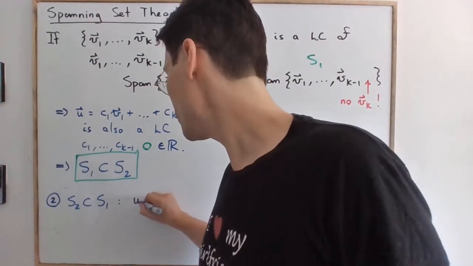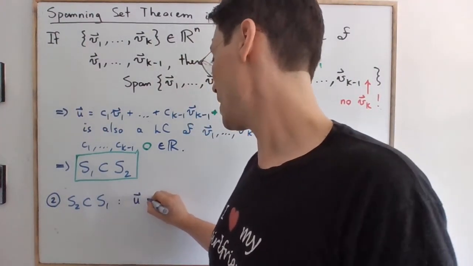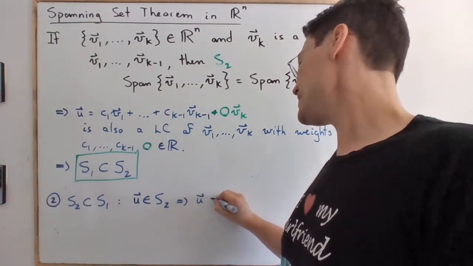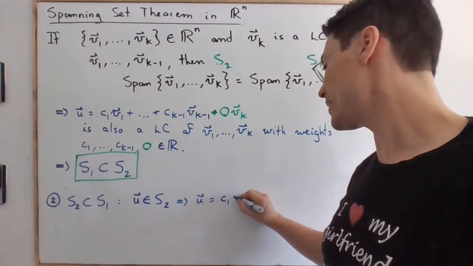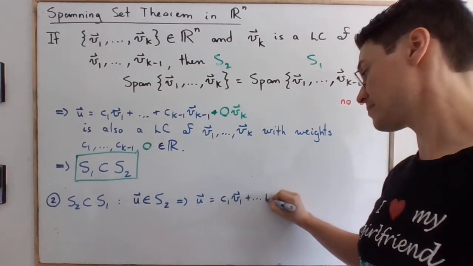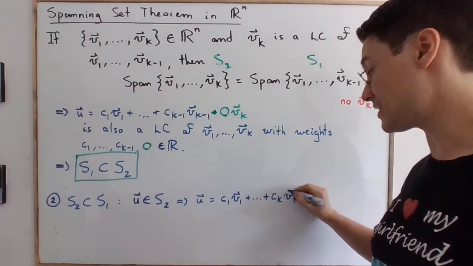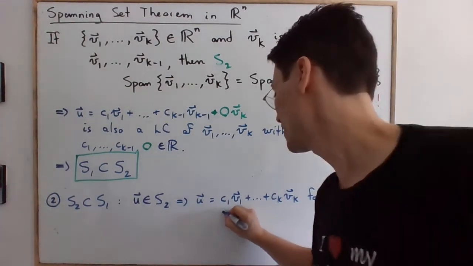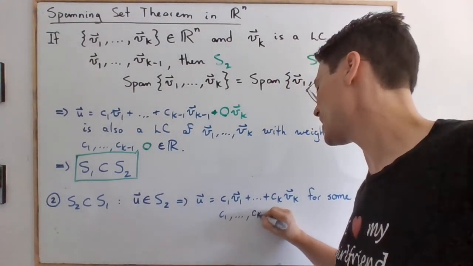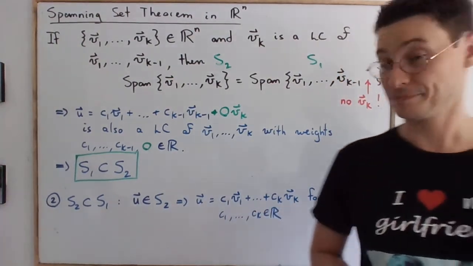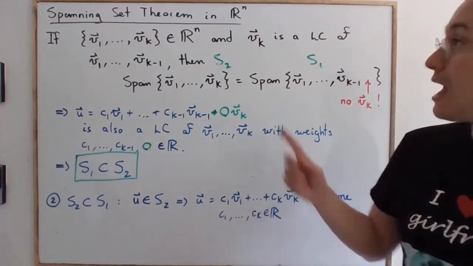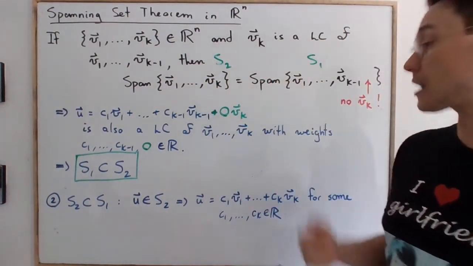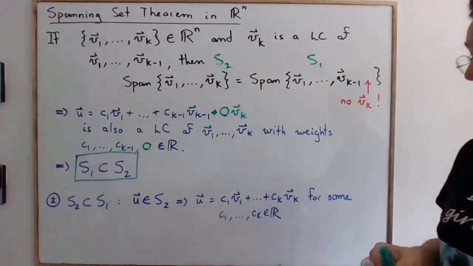We consider U to be in S2, and it means that U is a linear combination, let's say C1 V1 plus CK VK for some C1 to CK in real. Okay? And now we will be using this. We will be using the fact that VK is a linear combination of the other vectors.